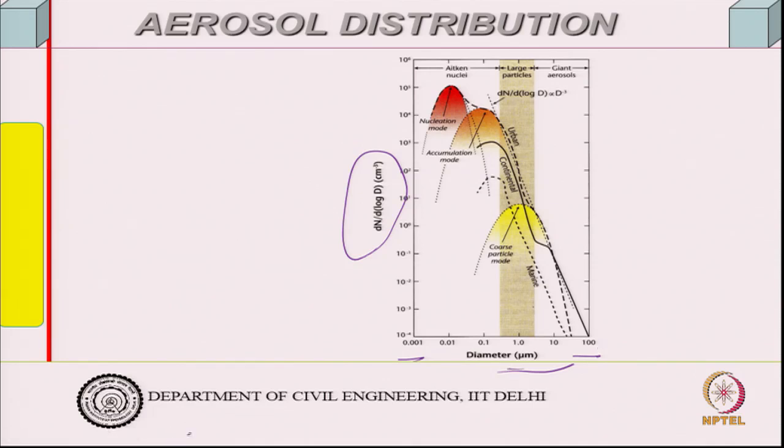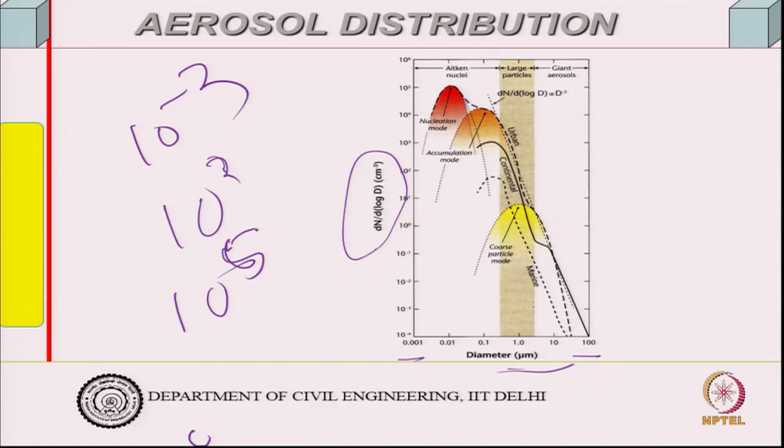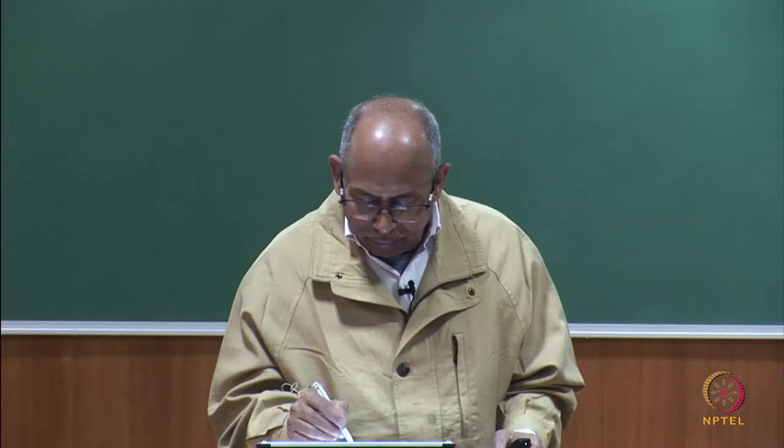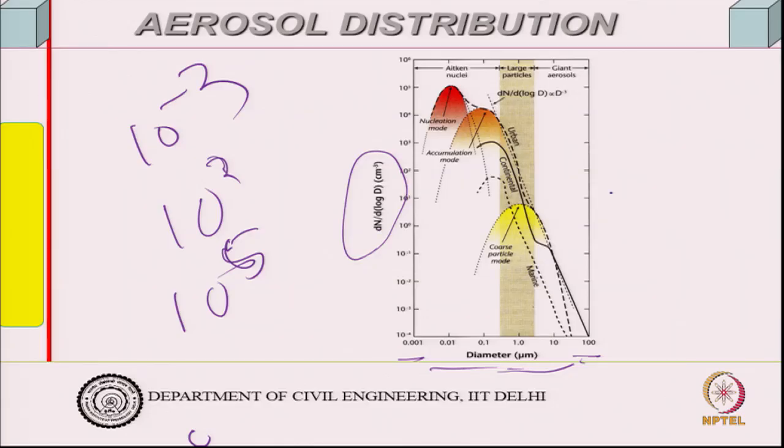So, the variation is 10 to the power minus 3 to 10 to the power plus 3, or something like 10 to the power 5 or 6. So, it is not worthwhile plotting on a linear scale. It is more convenient to take them on a log scale. So, this is a semi-log graph, and you see dN/d log diameter one can put. So, it is the peak.